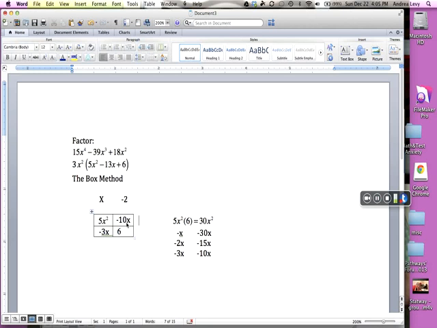Going straight across the row, I can see that I can factor out a 5 and an x. And going straight across my bottom row, I can see that I can factor out a negative 3.